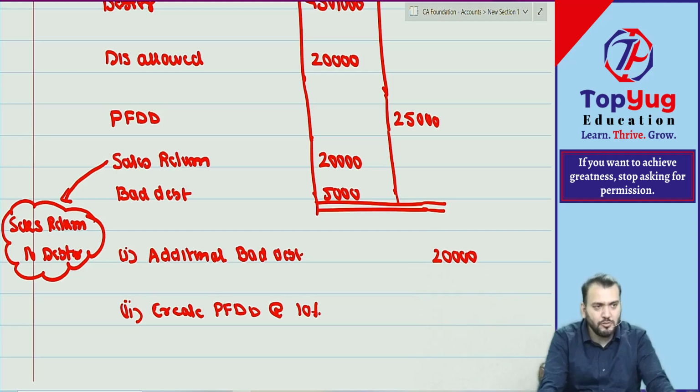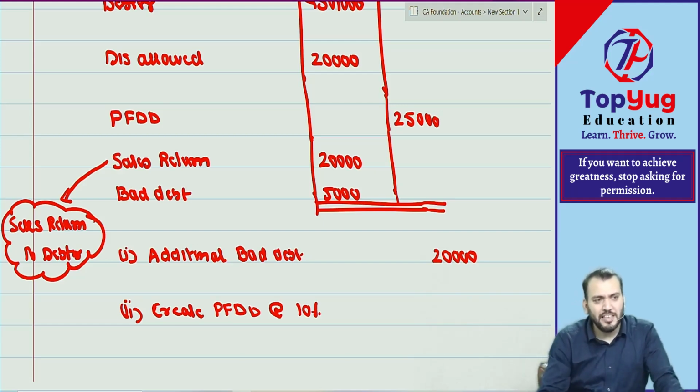Trial balance. Means when adjusted. So what you will do? You will close sales return account. How to close sales return account? Sales return will be closed by transfer to which account? Trading account. It is on the credit side of trading account, deducted from sales, means it will be closed by transfer to sales account. That's it.